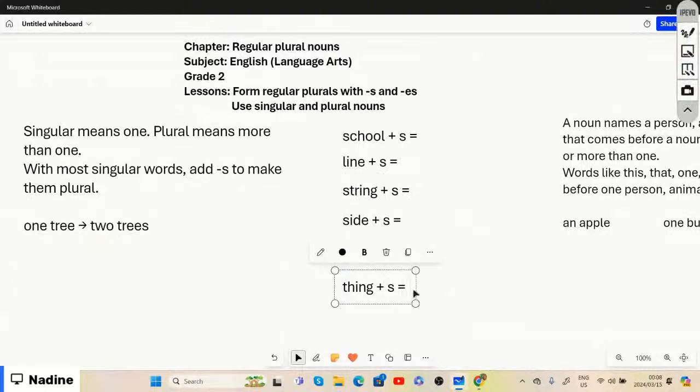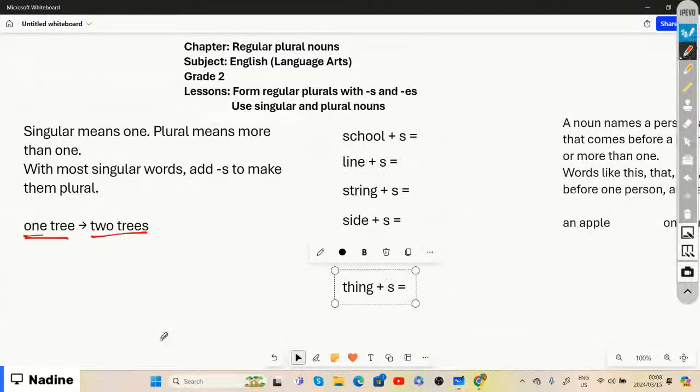What is school plus S? Let me do the first one. School plus S is basically turning that singular, which is one school, into more than one, into plural form. Then we can say it is schools. So school plus S is equal to schools.